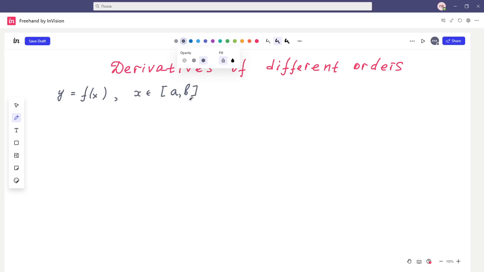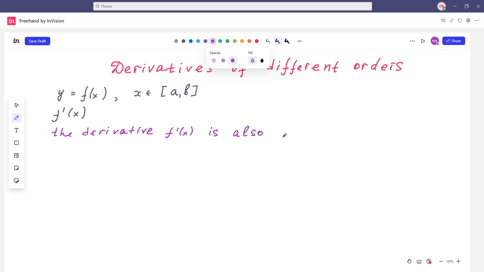Generally speaking, the values of the derivative f prime of x depend on x, which is to say that the derivative f prime of x is also a function of x.